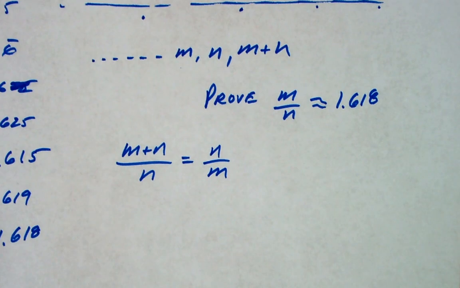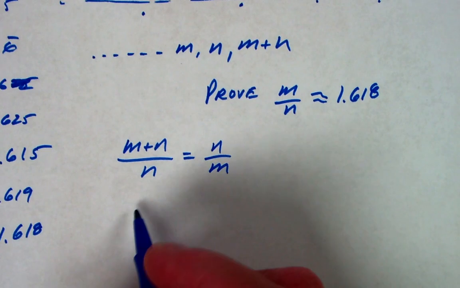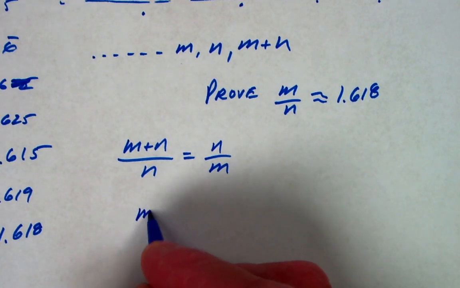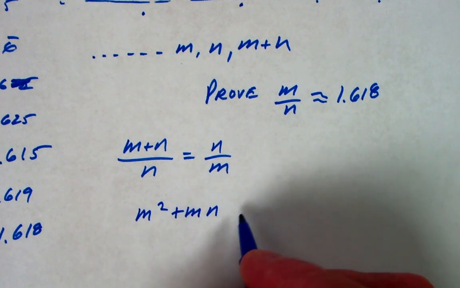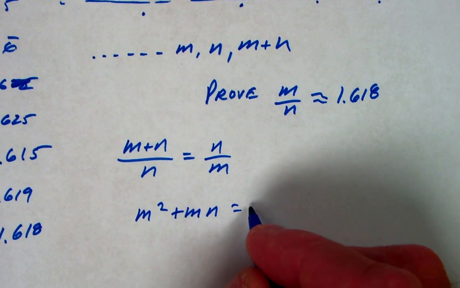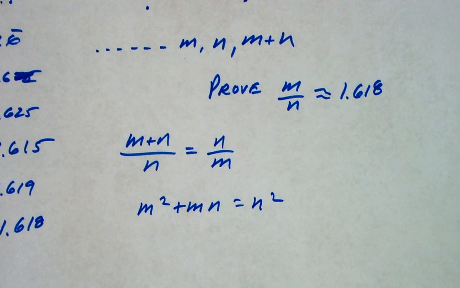So if I cross multiply, what do I get? Help me out. M squared plus Mn equals N squared. Okay?